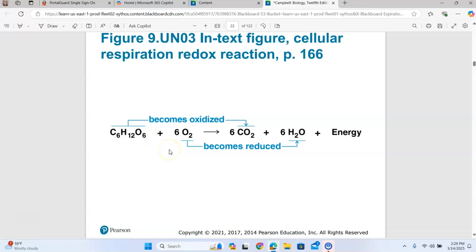And the answer is because you make more ATP that way. Cellular respiration is more energy efficient when it's broken into the steps of glycolysis and citric acid cycle and oxidative phosphorylation. When it's broken up into many, many chemical steps, it's more energy efficient. You get more energy to be used by our cells that way than if this reaction just happened all in one step. It wouldn't produce as much energy or as much ATP that way.